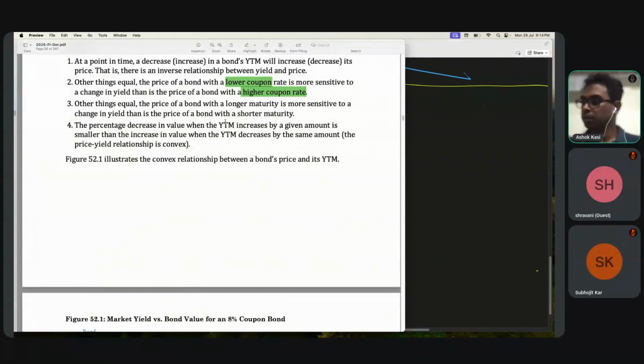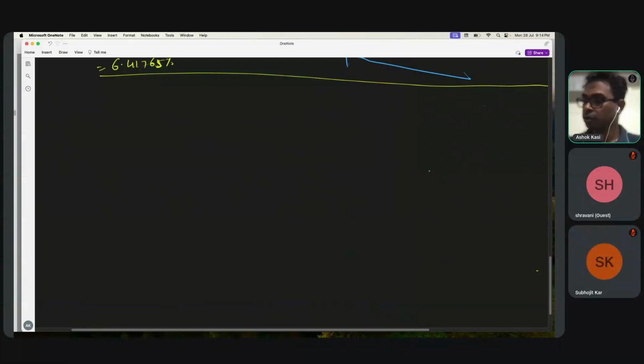Other things equal, the price of a bond with longer maturity is more sensitive. Longer maturity, rest all are the same. So here again, let's say a 10-year bond, coupon 10 percent.